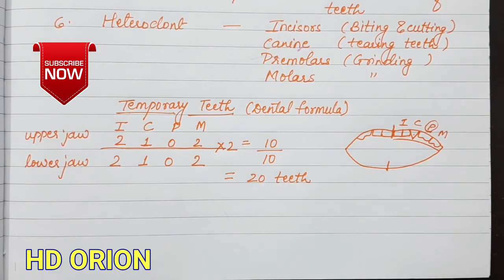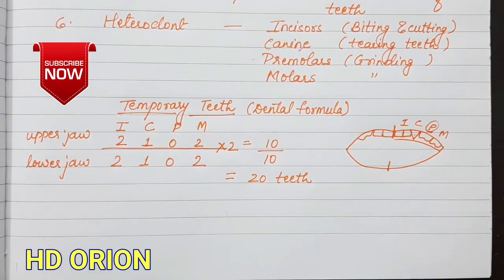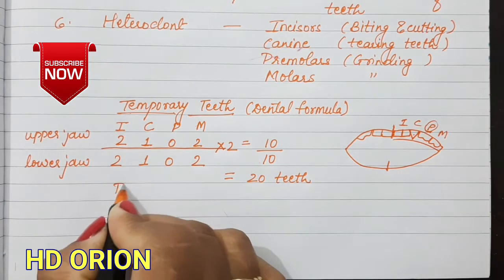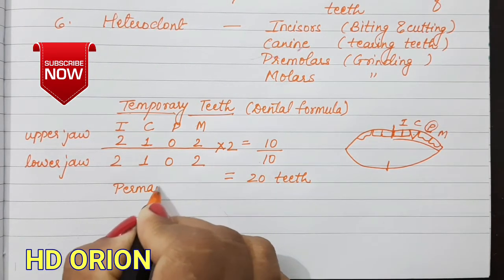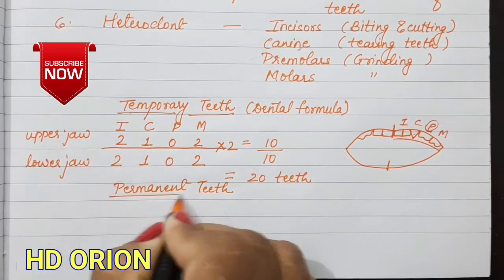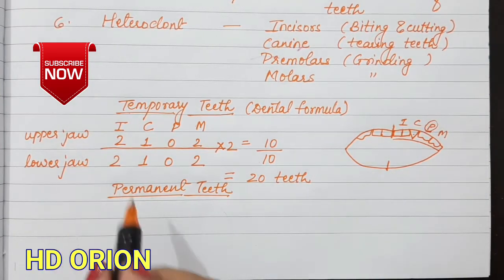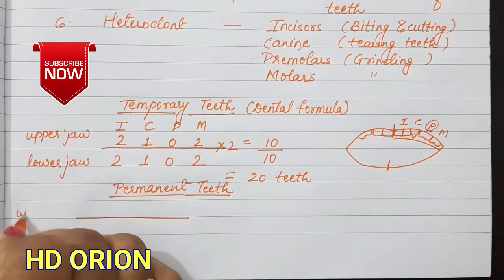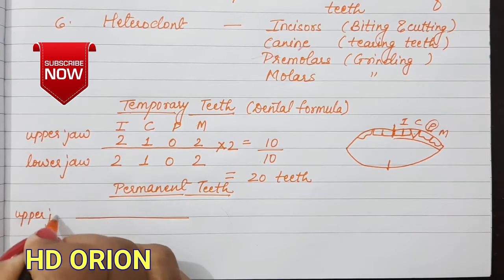Now let us see the dental formula for the permanent teeth. The arrangement is the same. The numerator for the upper jaw and the denominator for the lower jaw.